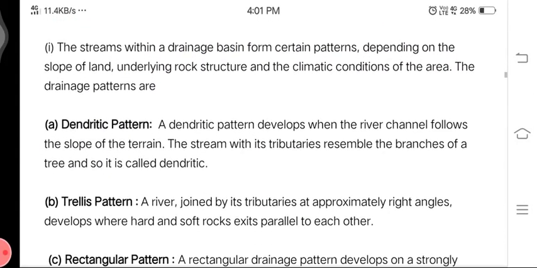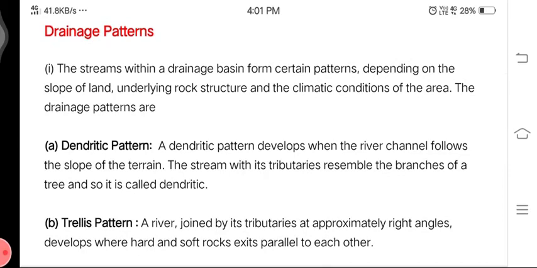Drainage pattern. What is the drainage pattern? The streams within a drainage basin form certain patterns depending on the slope of the land, the underlying rock structure, and the climate condition of the area.